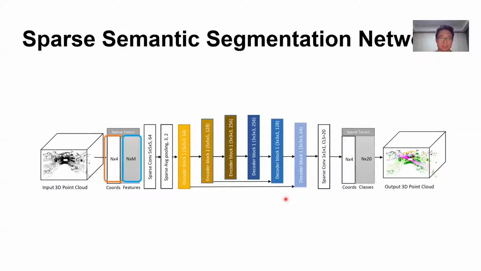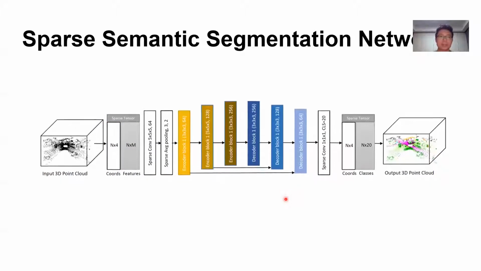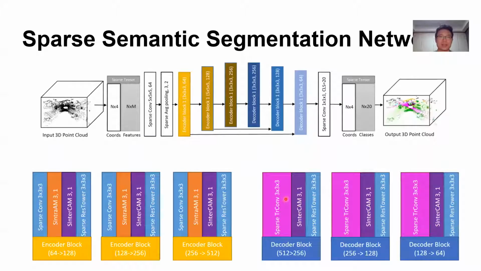The sparse tensor is first fed into a sparse convolution with kernel size 5 to project the neighborhood features into 64 channels. Then it is followed by a sparse average pooling layer with kernel size 3 and stride 2 to downsample the data. The downsampled sparse tensor is then fed into 3 consecutive encoding blocks. Each encoding block contains 1 layer of sparse conv, 1 layer of sparse intra-channel attention module, 1 layer of sparse inter-channel attention module, and a sparse residual tower layer.